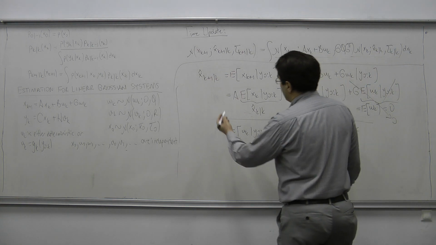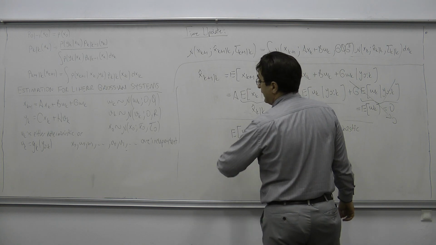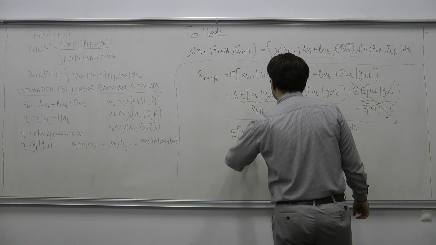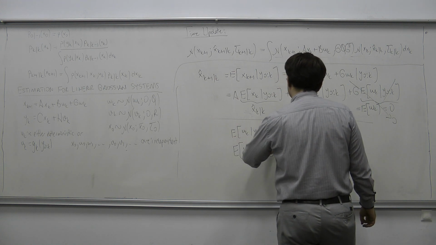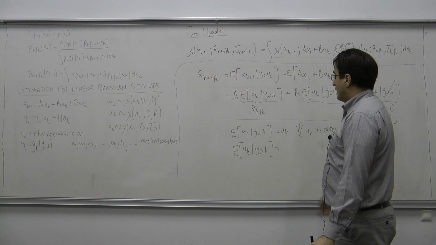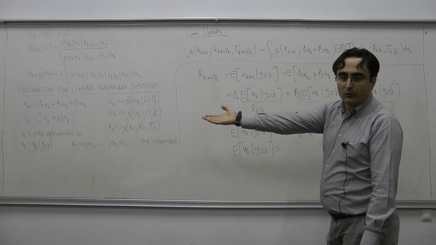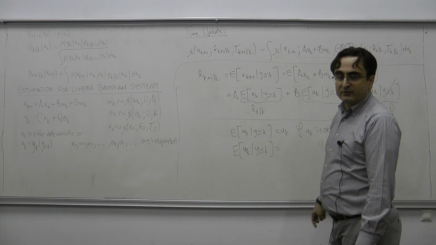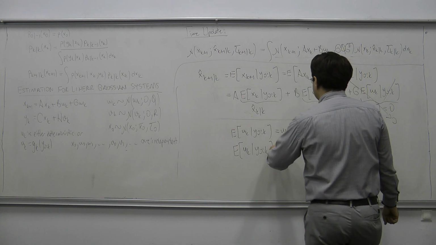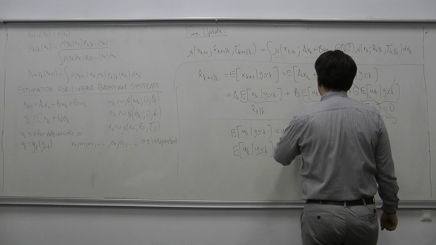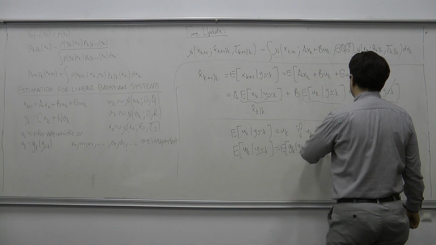What about the other case? uk is gk of y0k. I know that uk is a known function of y0k. So this is equal to the expected value of gk of y0k given y0k.